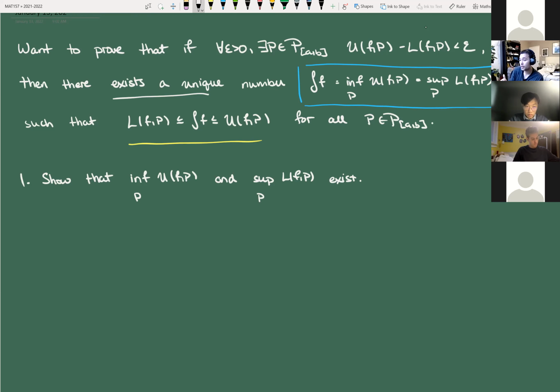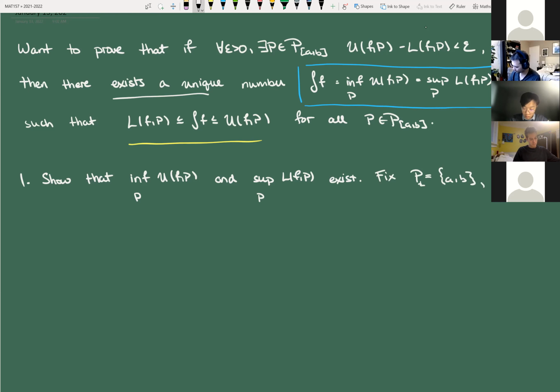That's not too hard, though, because, again, we know that every lower sum is lower than every upper sum, right? And every upper sum is bigger than every lower sum, which means that any fixed partition serves as an upper bound. So what I'm going to say here is, fix, let's just choose the trivial partition. Maybe I'll call that P_T or something for trivial.